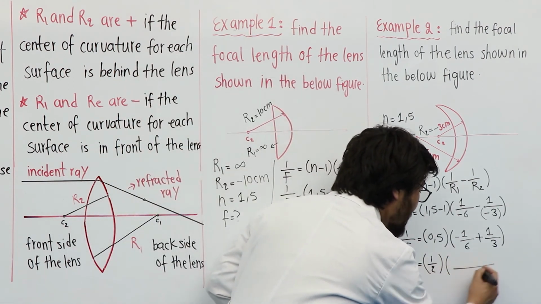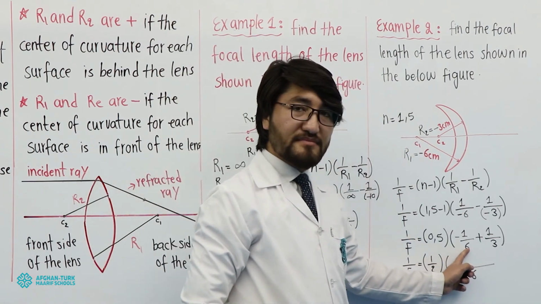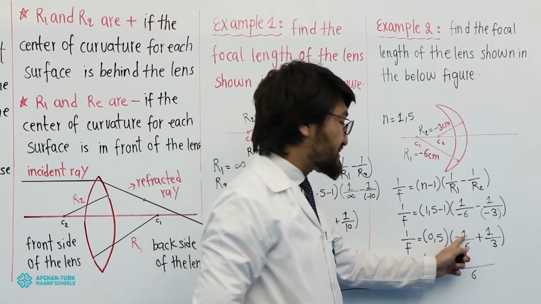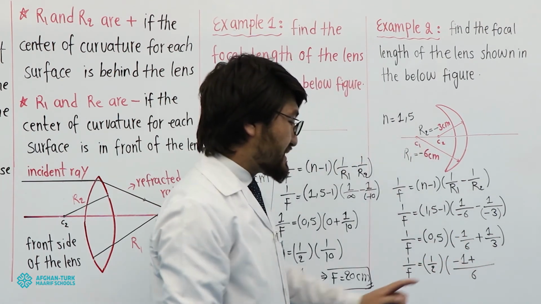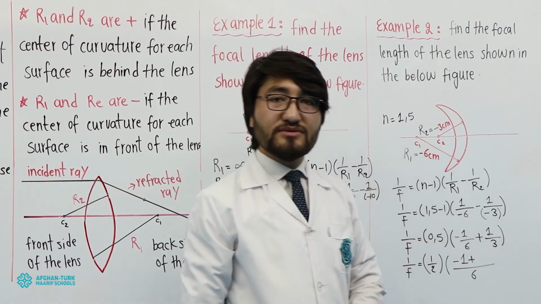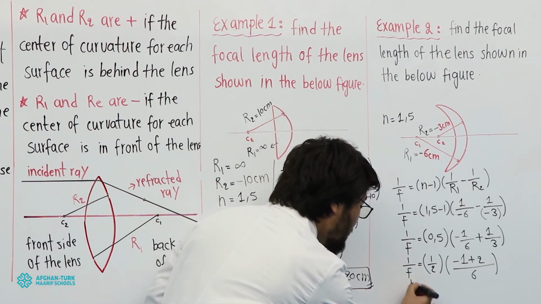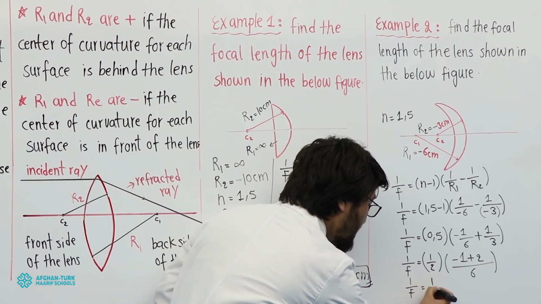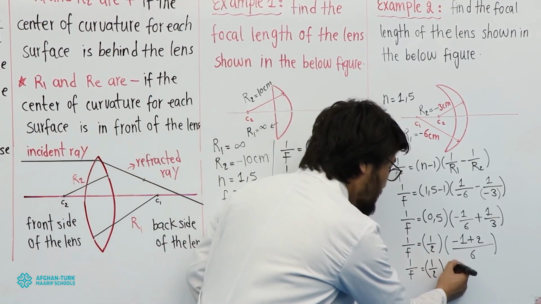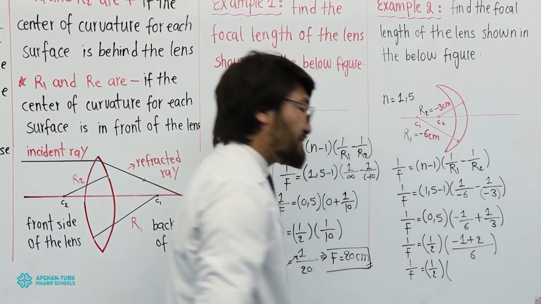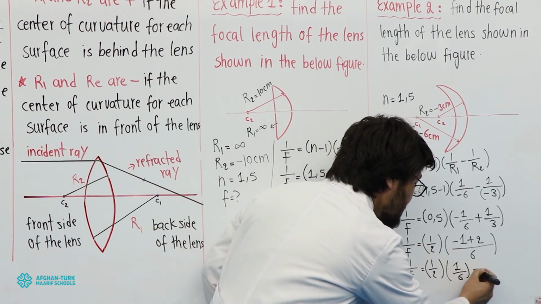What is the LCM of these two numbers? It is 6. 6 divided by 6 is 1, and 1 times 1 is minus 1. Plus 6 divided by 3 is 2, and 2 times 1 is 2. So 1 over f is equal to 1 over 2 times (minus 1 plus 2), which is 1 over 6.